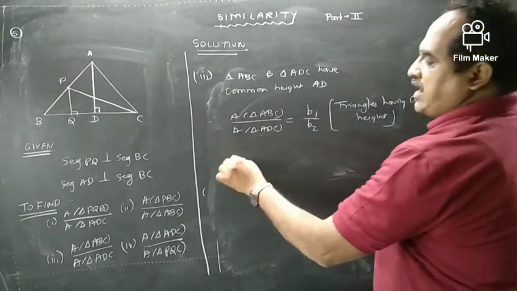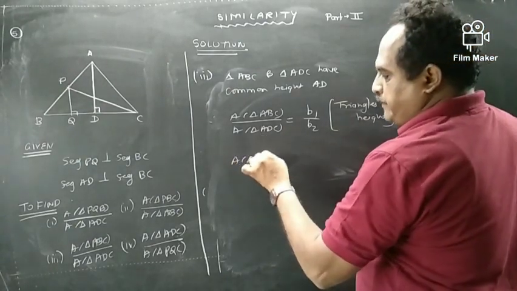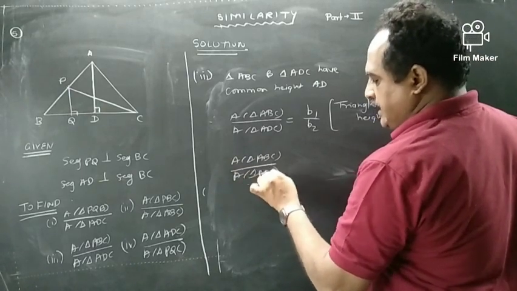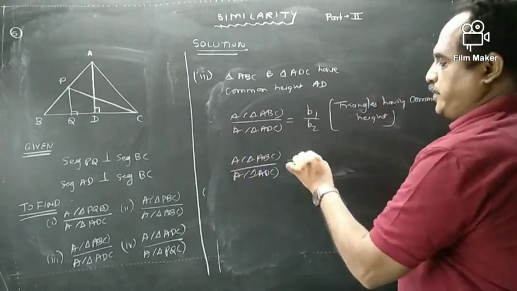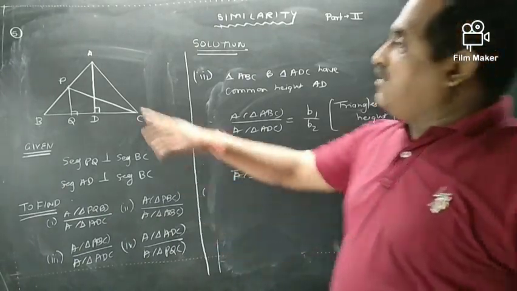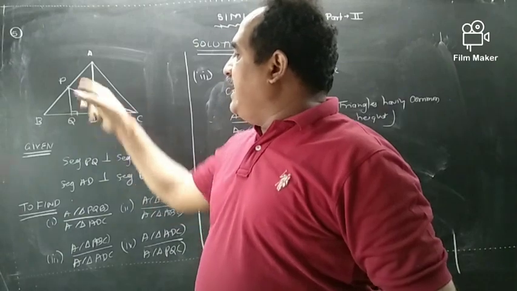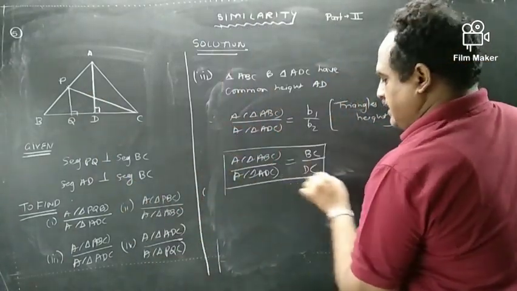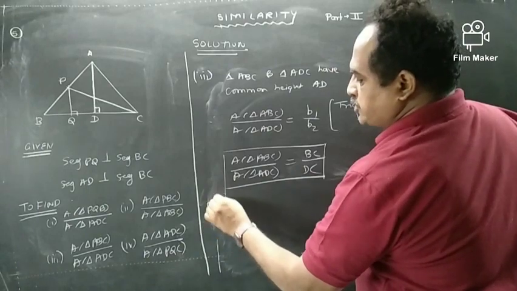So, area of triangle ABC upon area of triangle ADC is equal to BC upon DC. See, the base of triangle ABC is BC and of ADC is DC. This is your third answer. Now we are going for the fourth question.